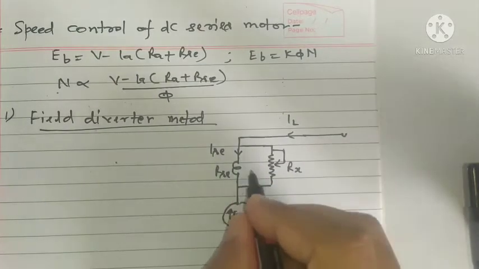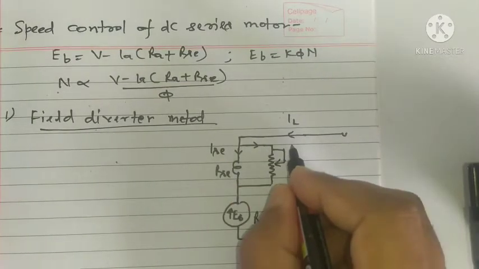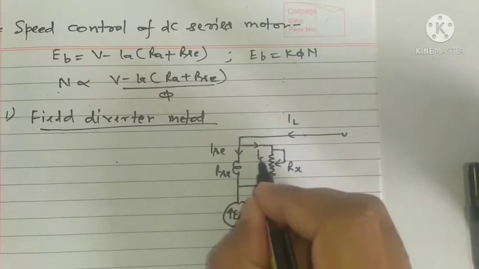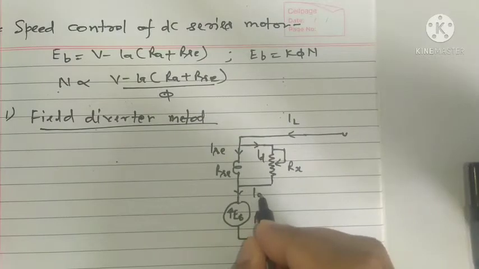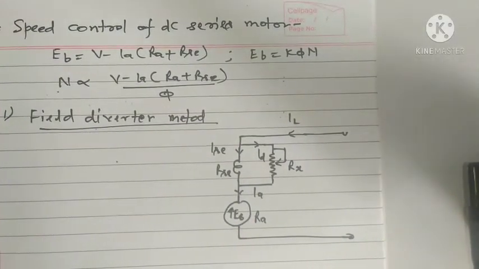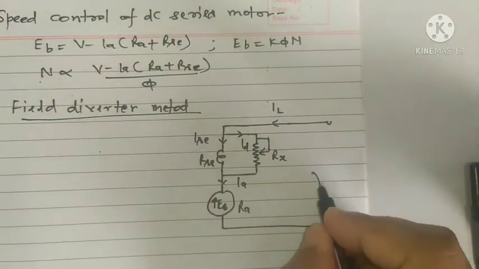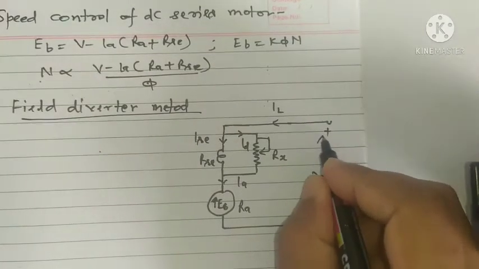So current through field is ISC and current through this external resistance is ID, and both currents are added to give armature current. Right, supply voltage is this.